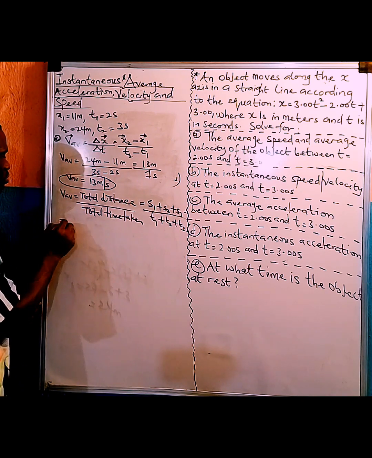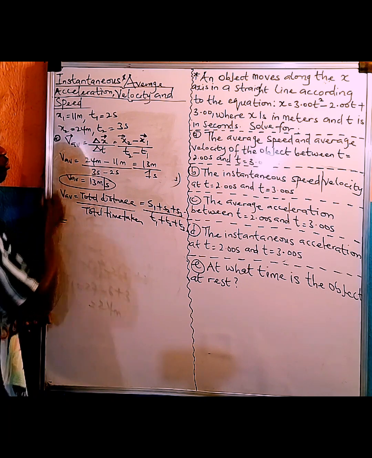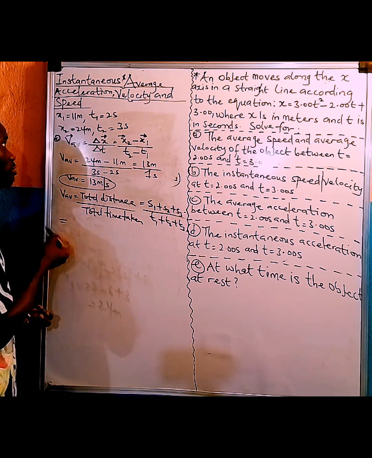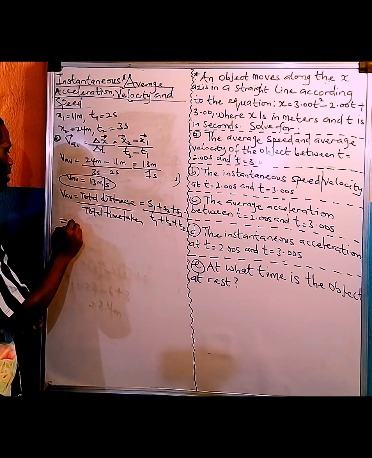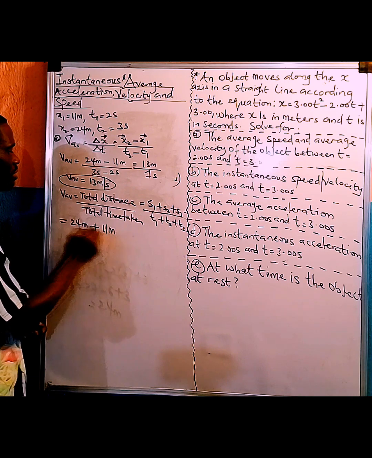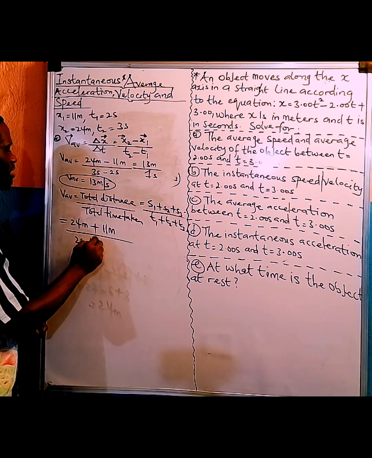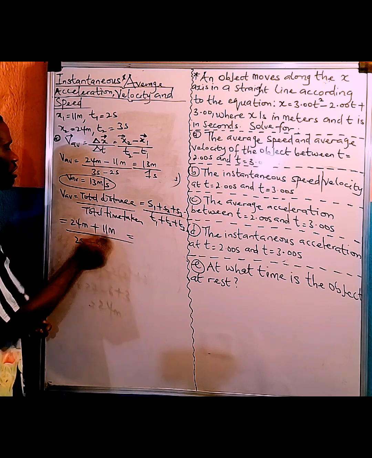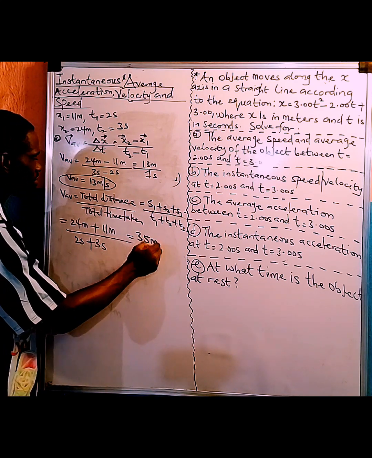So what are the two distances we've been given? Distance 1 is 24 meters, distance 2 is 11 meters, and time 1 and time 2 are 2 and 3 seconds respectively. So 24 meters plus 11 meters over time 1, 2 seconds, plus time 2, 3 seconds. 24 plus 11 gives us 35 meters.